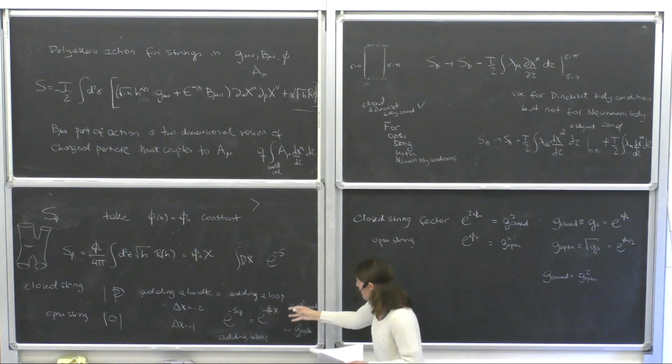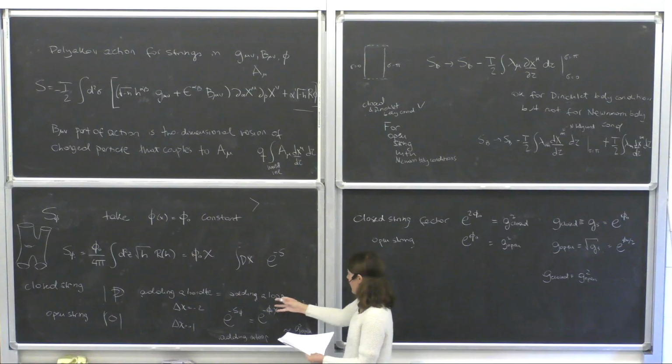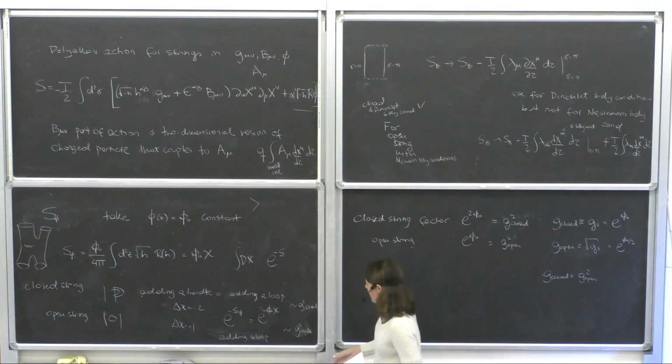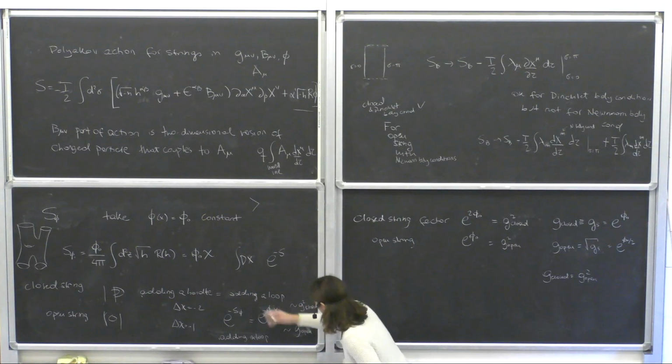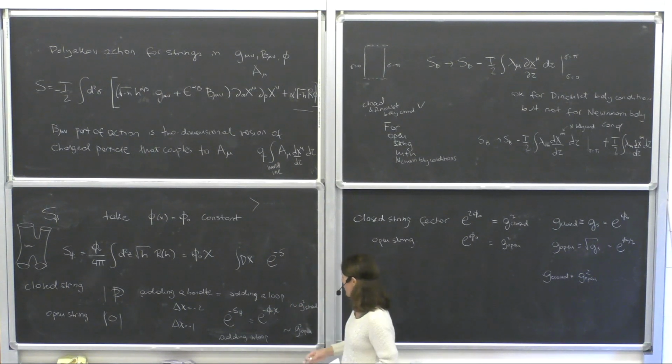But this part is some constant thing, and it gives you some number, which is e to the, the topology of the worldsheet, the Euler number times this phi 0.